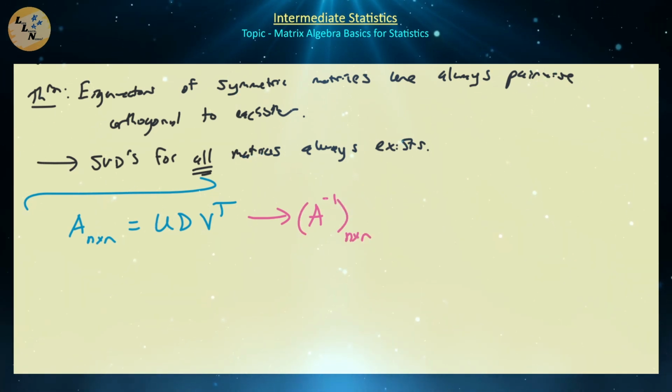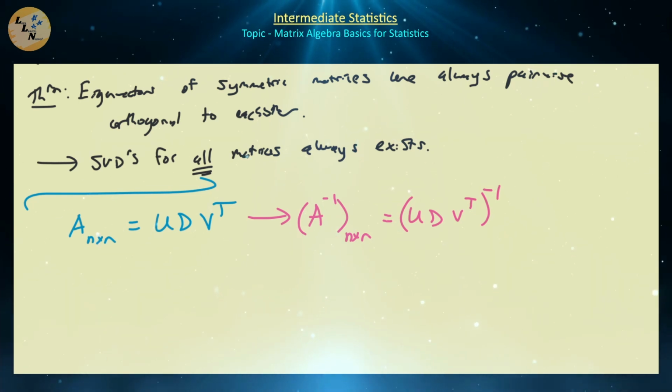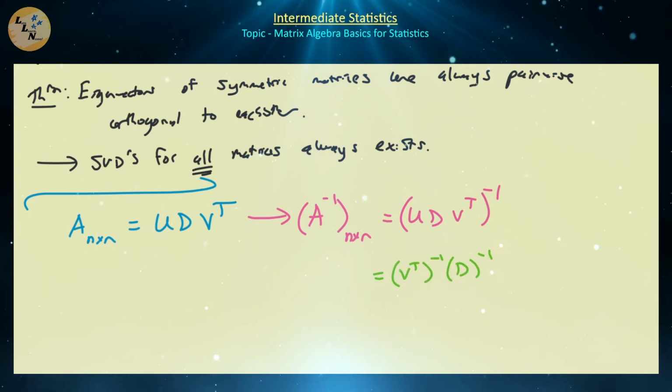The inverse of A is going to be equal to the inverse of that product. Now, one interesting thing about inverses of products is that it takes the inverse of each of these, but it does them in backwards order. So we do VT inverse, D inverse, and then U inverse at the end.